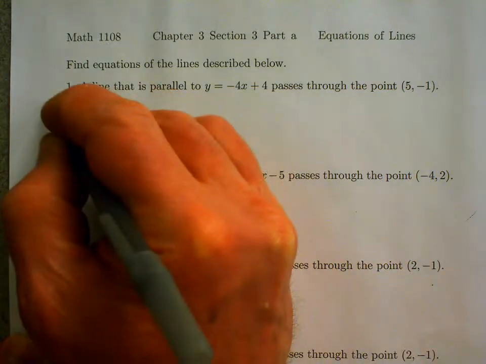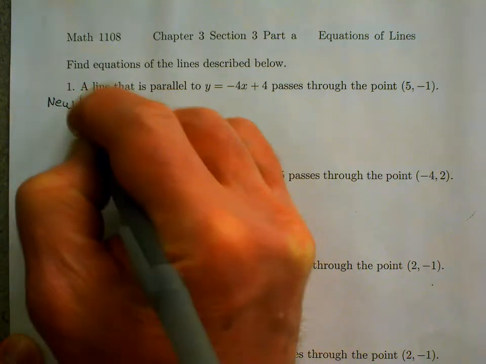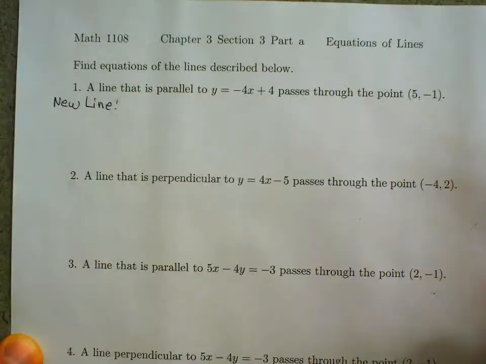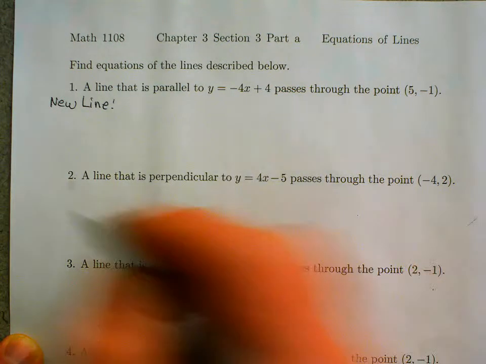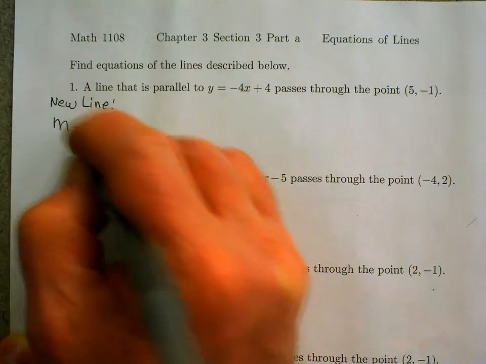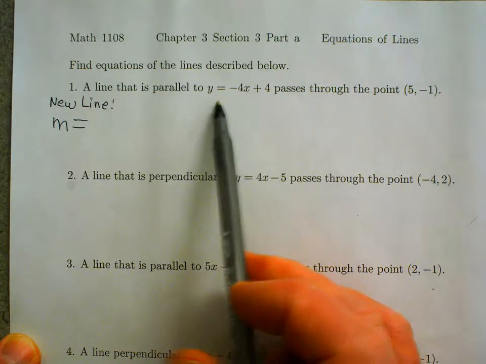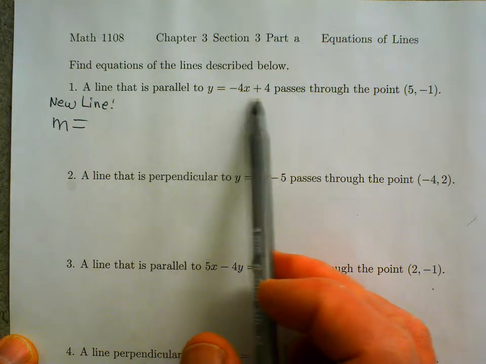Yes, so let's identify a few things about the new line whose equation we're trying to find. What's the slope of the new line if it's parallel to y equals -4x plus 4?